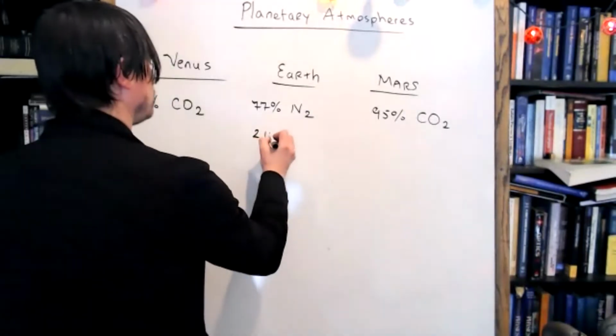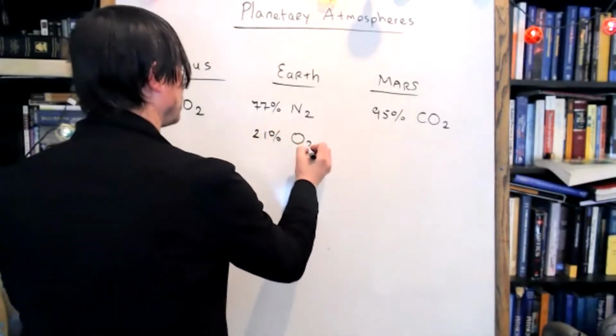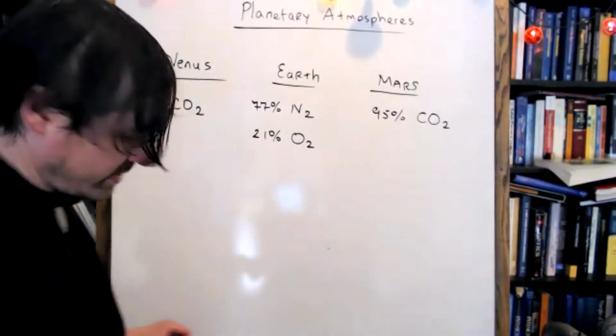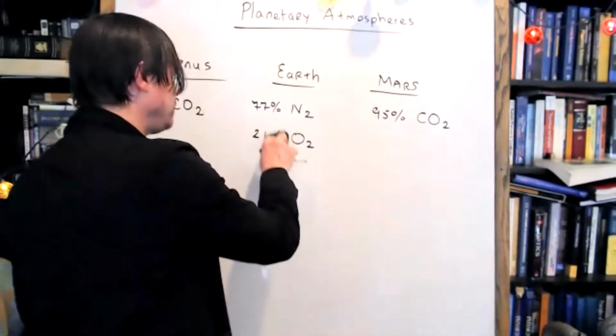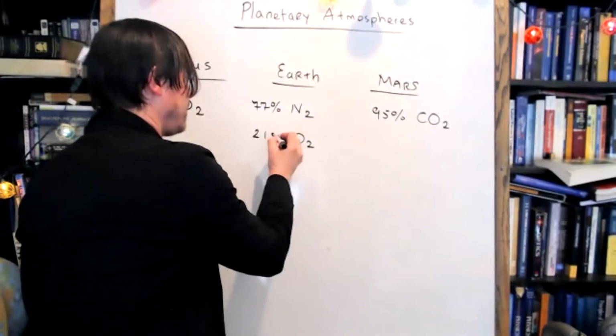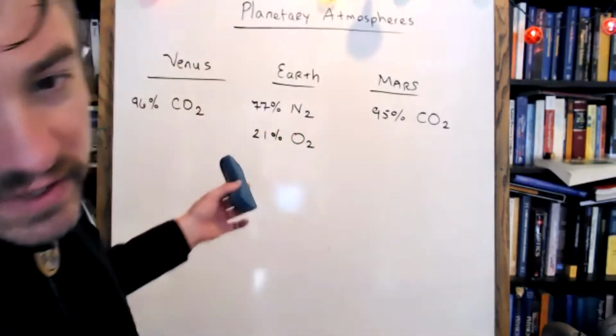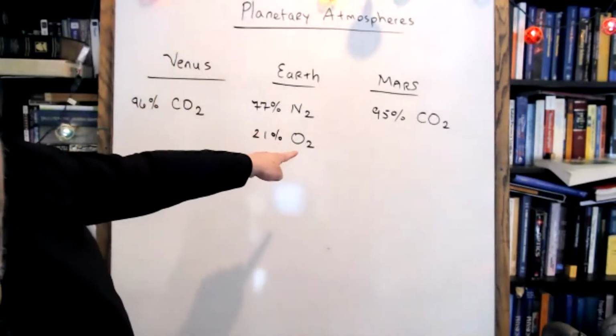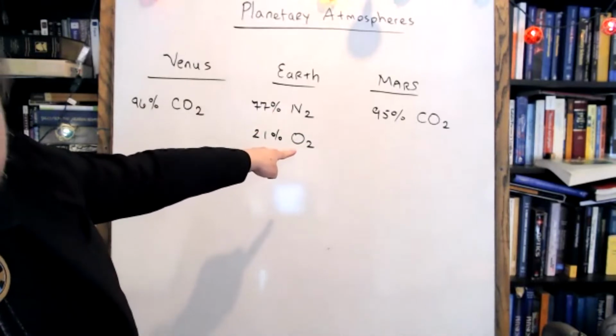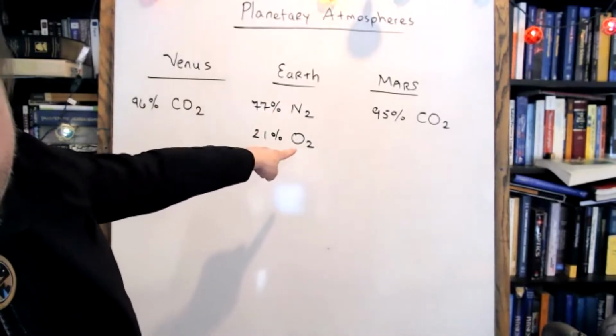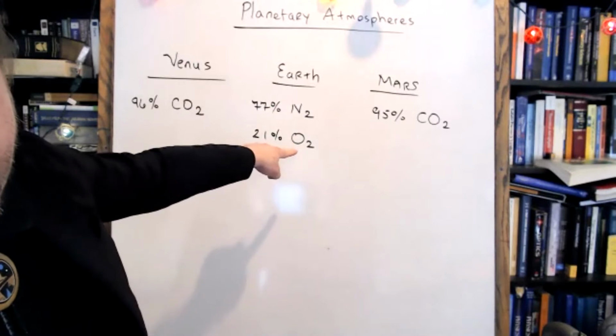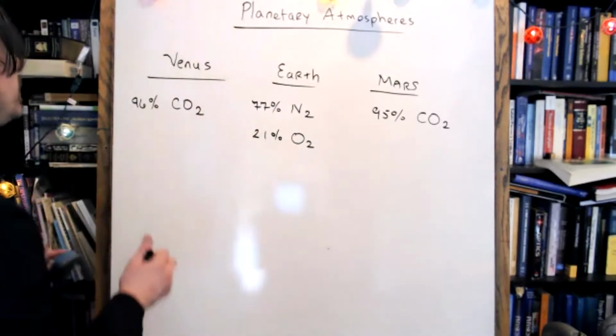Earth, of course, has 21% diatomic oxygen, and that's a bit weird, right? Oxygen is a violent gas. It's not a gas that's pumped out in volcanism. That has something to do with not so much plants, but cyanobacteria, the blue-green algae that makes up oceans and waterways.